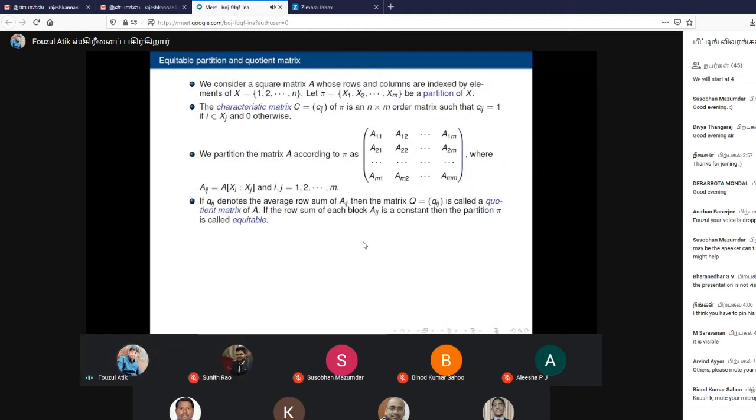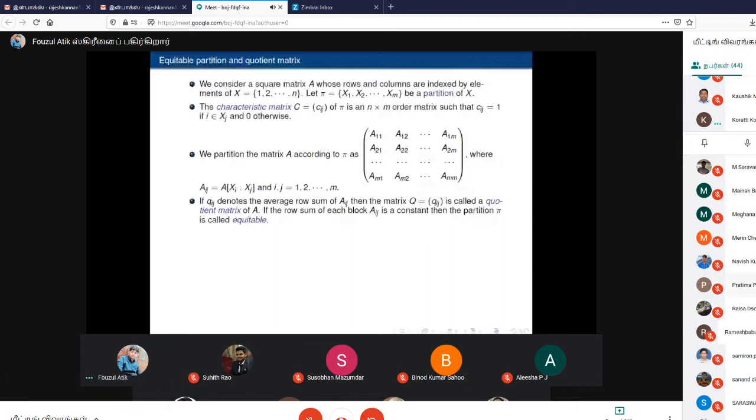I will come up with some examples, and maybe there I can define it more precisely. Basically, take the row sums of all the rows and take the average. Now make the quotient matrix Q.